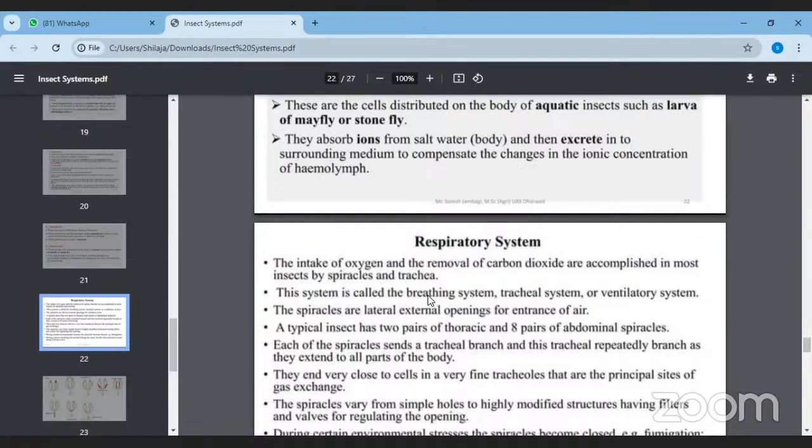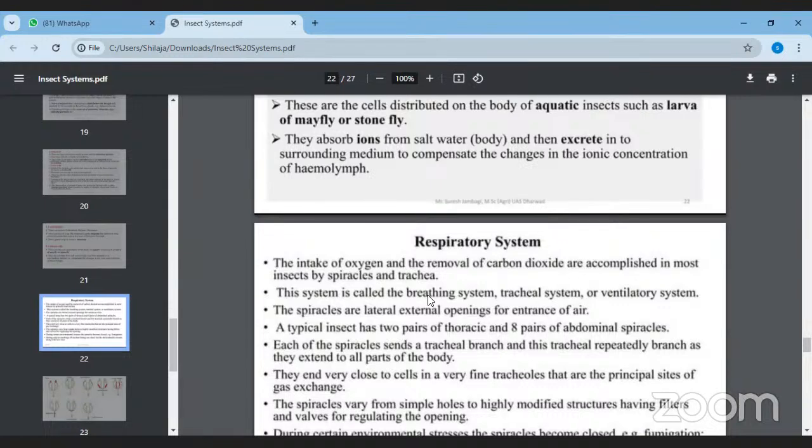So when we talk about respiration in aquatic insects, they take up the oxygen which is dissolved in water. Use of aerial oxygen is also available to some insects which live in the borders of the pond.